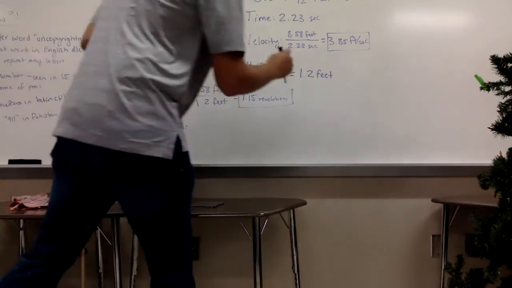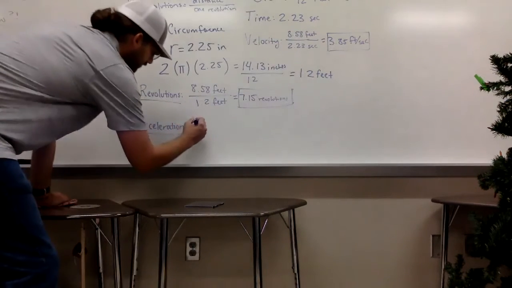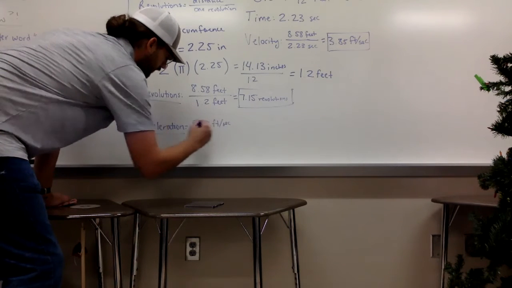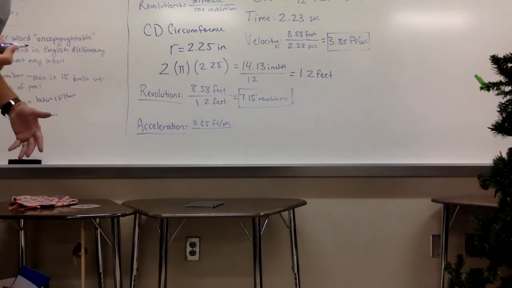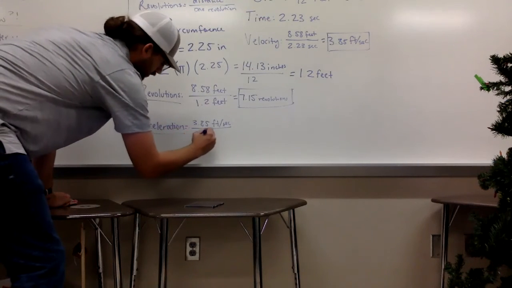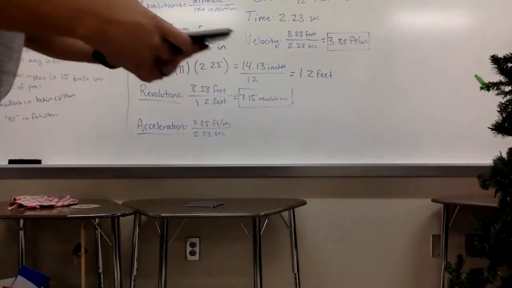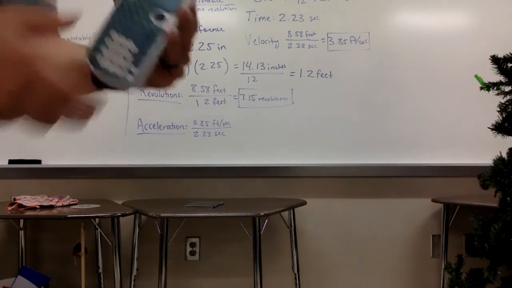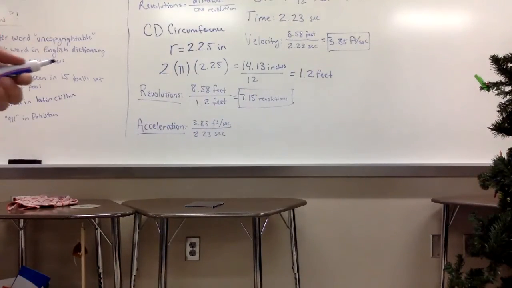I've got velocity here, 3.85 feet per second, and I've got time right here at 2.23 seconds. I plug these into the calculator, 3.85 divided by 2.23. If I round to 2 decimal places, I get 1.73.